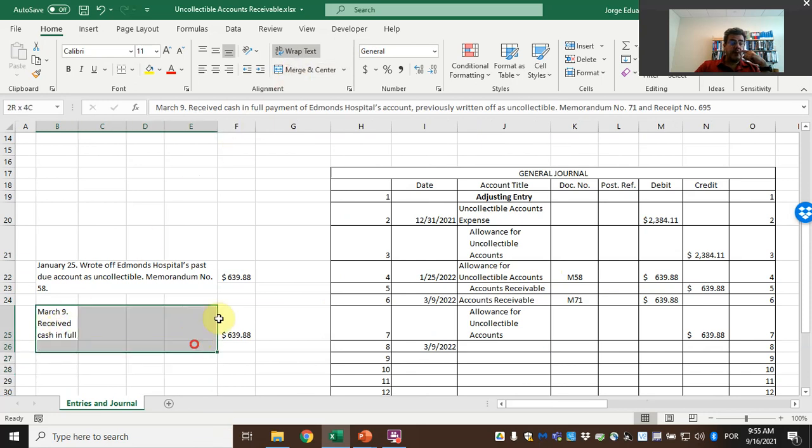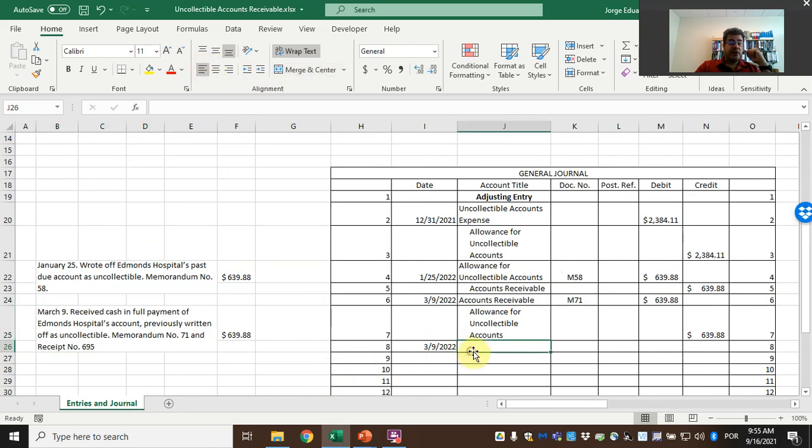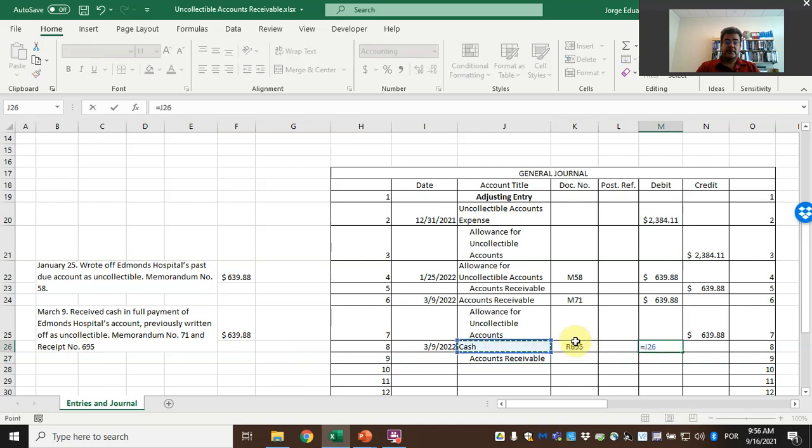Now the second journal entry, based on receipt number 695. So let's collect this money. Debit cash, credit accounts receivable, 639, 639.